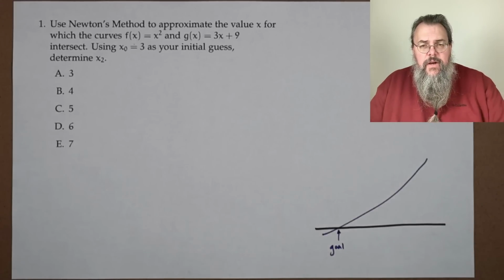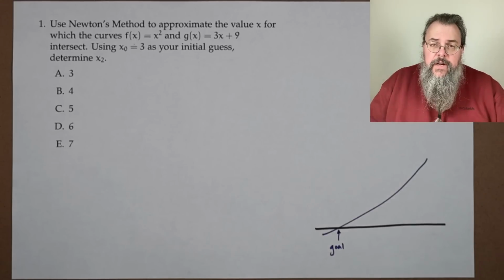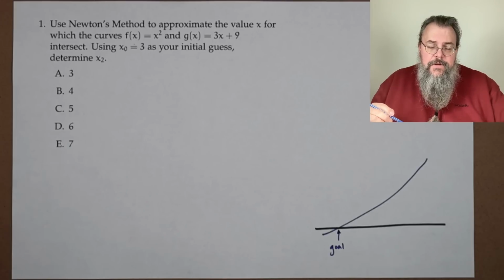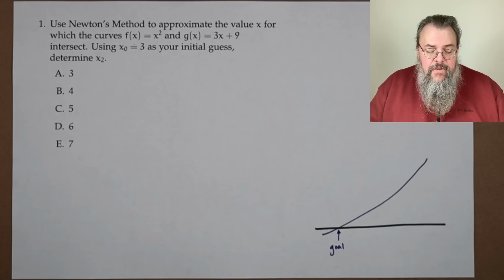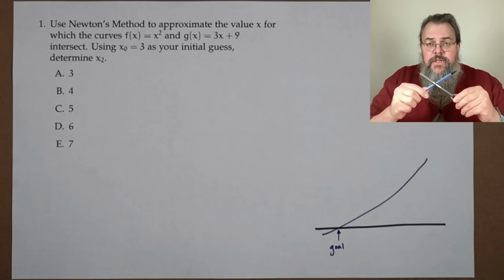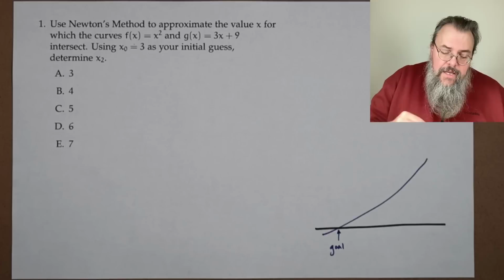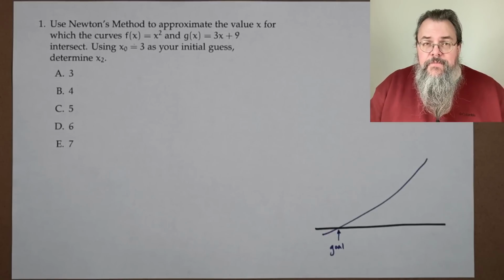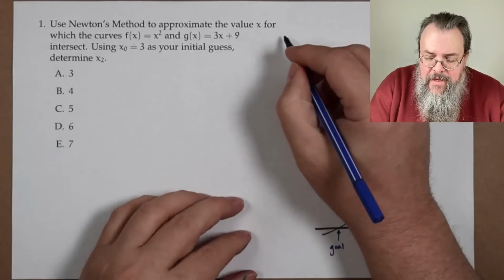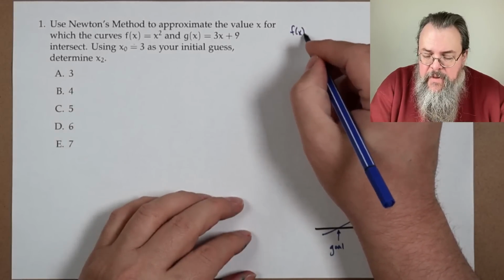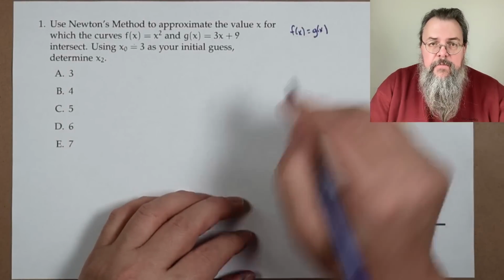Now you notice on this problem, you're not after a root, you're after where two curves are crossing, they're intersecting. So how do we turn this crossing problem into a find-a-root problem? Well, to say that the curves intersect is telling us that we want f of x to equal g of x.